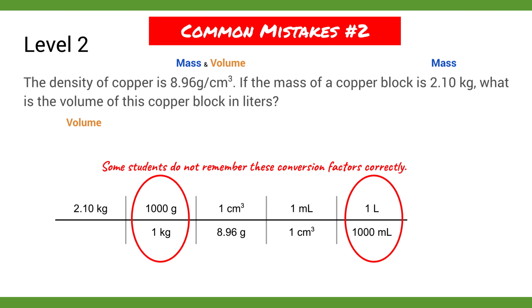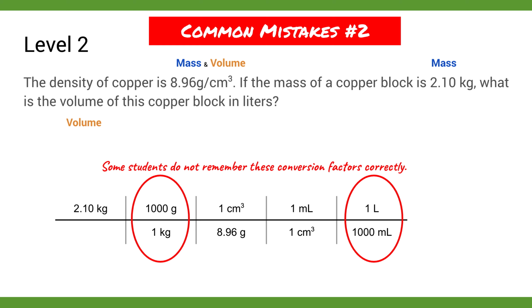And another one, 1 liter is 1,000 milliliters. The most common mistake that I've seen is students thinking that 1 liter is equivalent to 100 milliliters. My suggestion to get over this mistake is that you can go ahead right now and see if you have any water bottle or any liquid container with labels, and take a look at the volume.